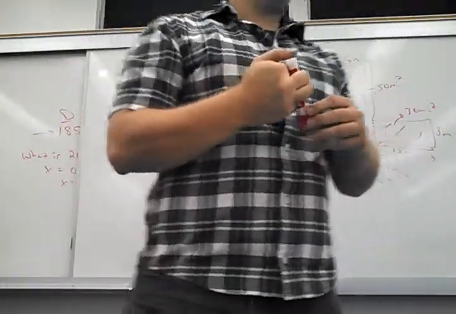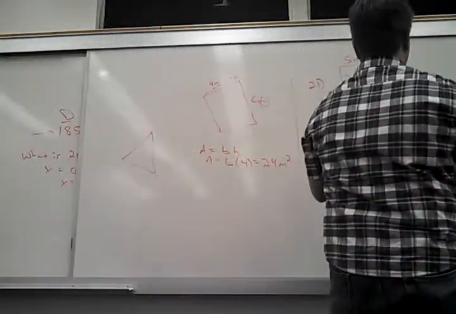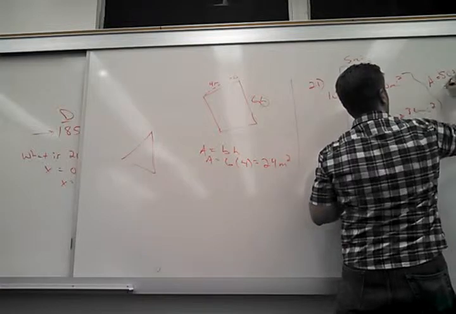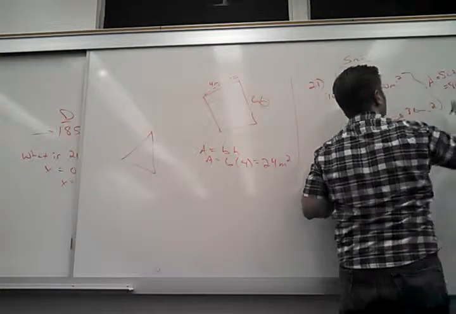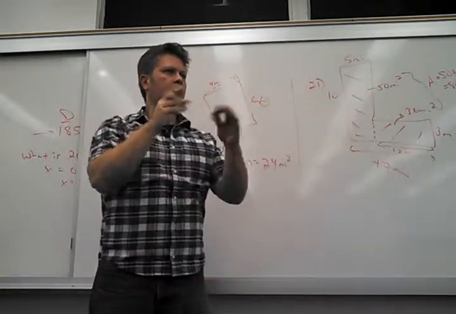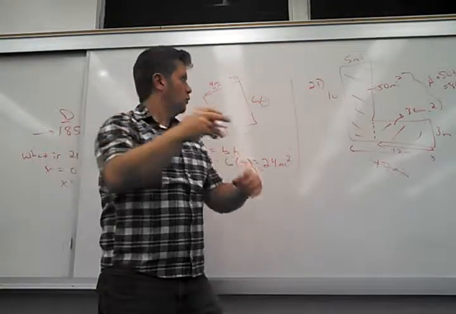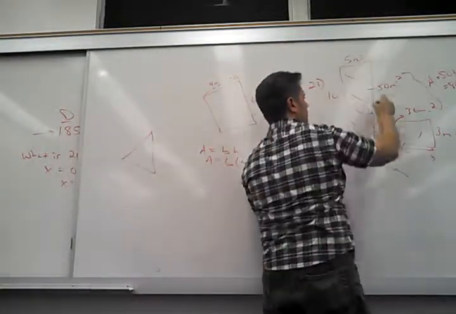That's the perimeter, right? No, that would be the area. Area and volume very often involve multiplications, whereas perimeter involves just adding.